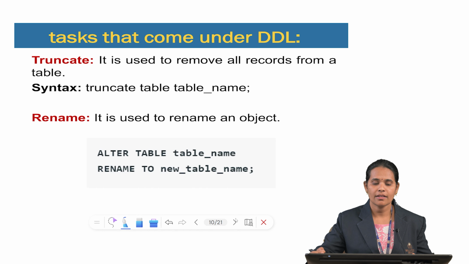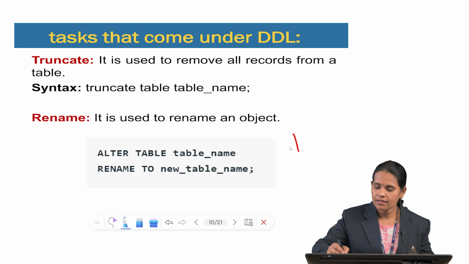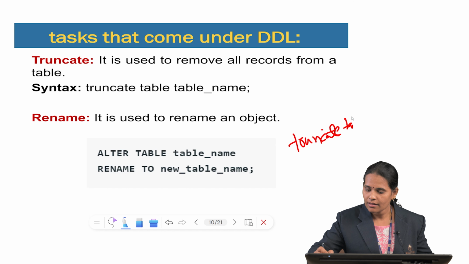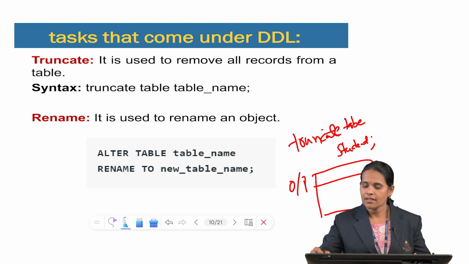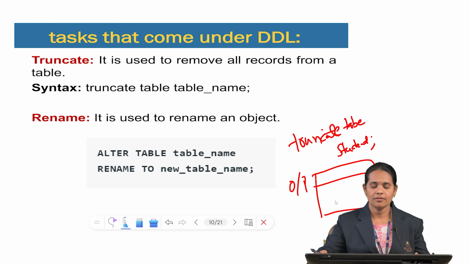The syntax for truncate is truncate table, and here we need to mention the name of the table. So the output for this is that the table structure will be there, but it will remove the records from the student table.